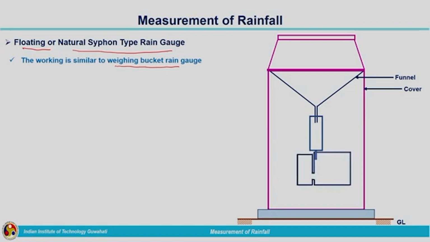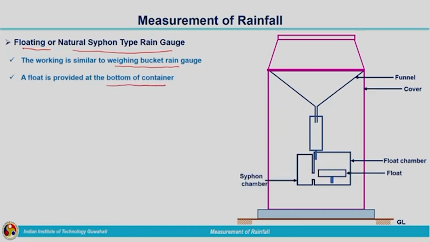The funnel will collect the rainfall and it will be transferred to a float chamber. Here the measurement is based on a floating mechanism, so we need to have a float. The float is installed within the float chamber like this, at the bottom of the container, and beside the float chamber we have a siphon chamber.